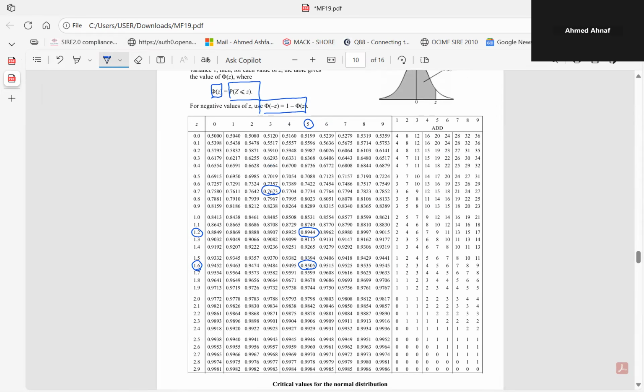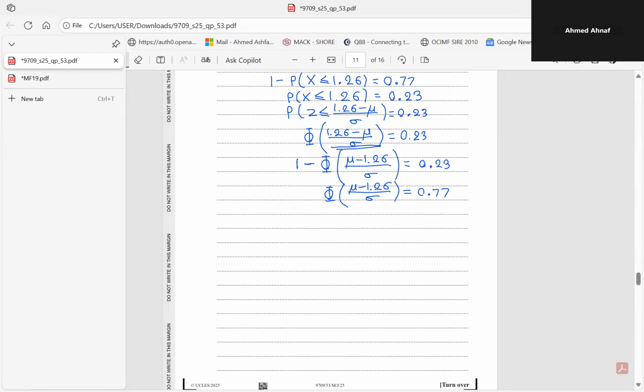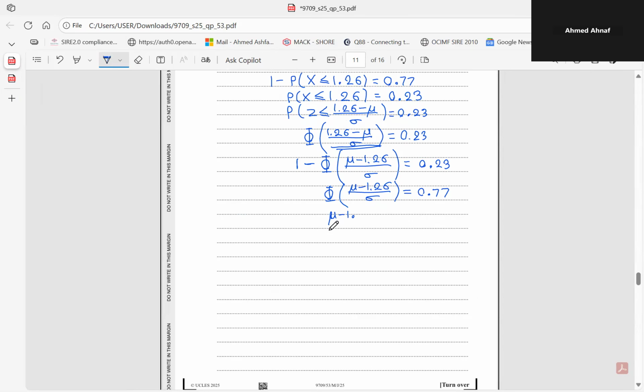For this, in order to make it 0.77, you have to add 27, and we can see that 27 is indeed here. So hence the z value, our value inside phi, would be 0.739.